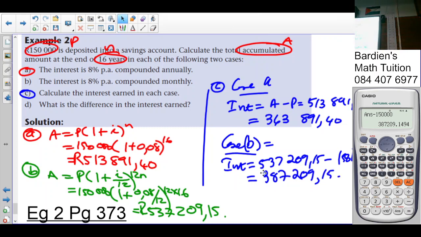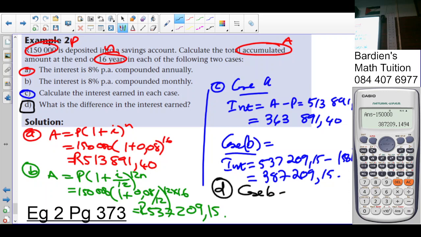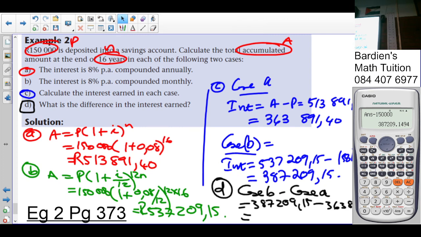Then, what is the difference in the interest earned? How do you work out the difference? It's case B minus case A. Not so. So it's just going to be 387,209 rand and 15 cents minus 363,891 rand and 40 cents. You just do that calculation.